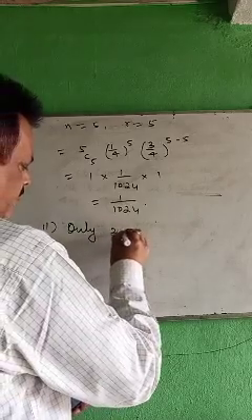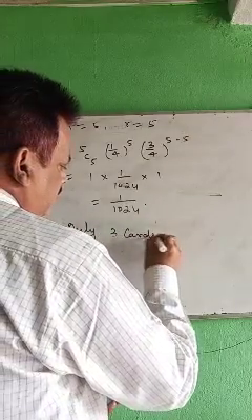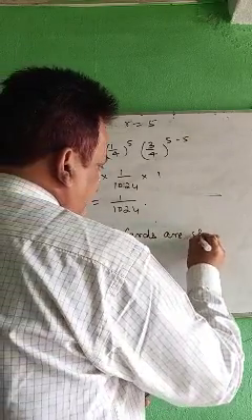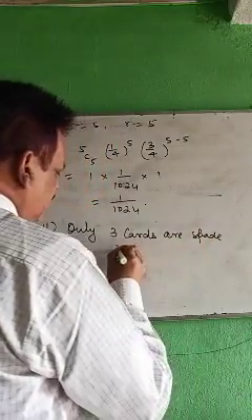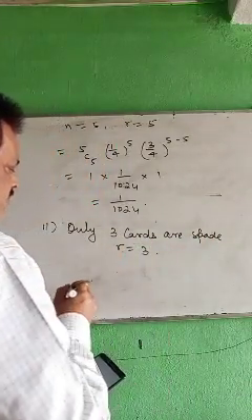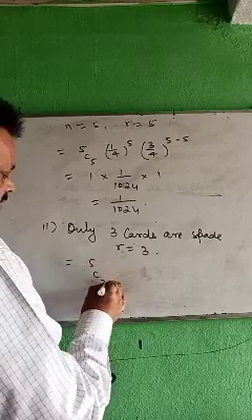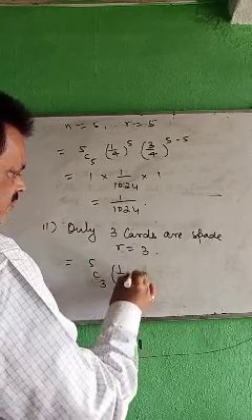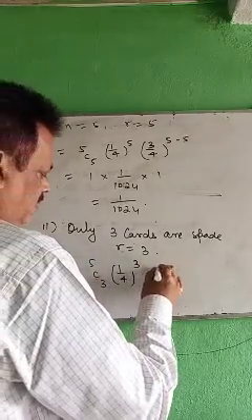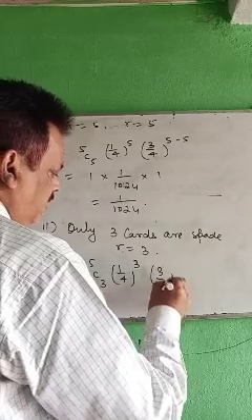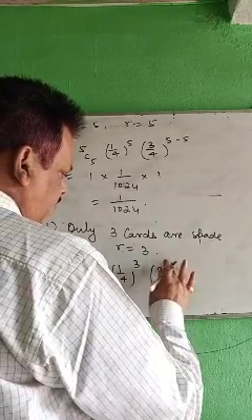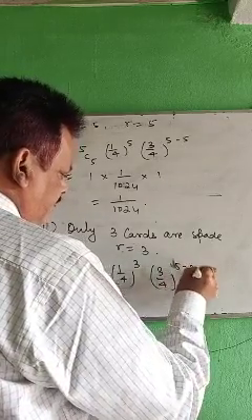Only 3 cards are spade means your r equals 3. You can try. That will be 5C3, 1 by 4 power 3, 3 by 4 power 5 minus 3.